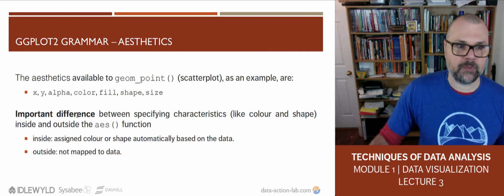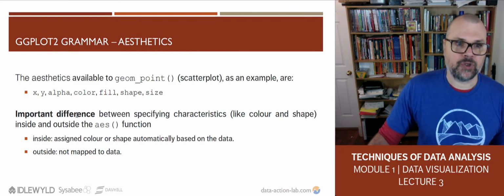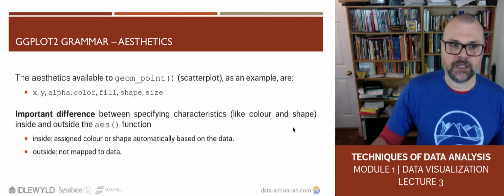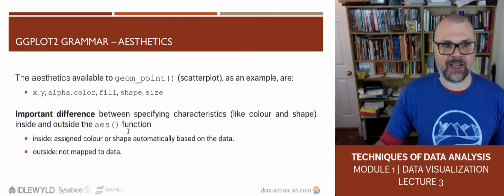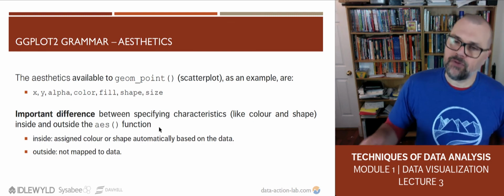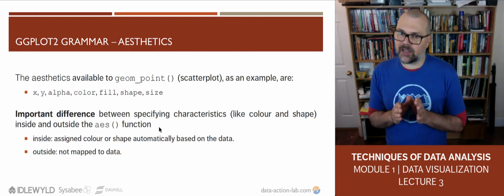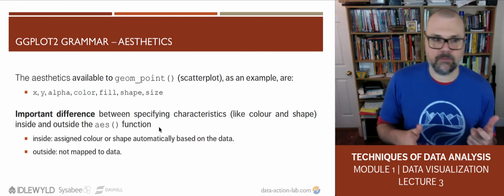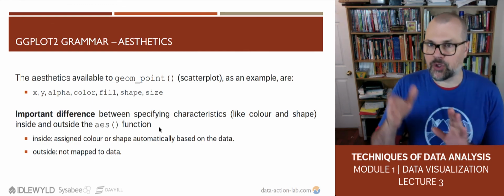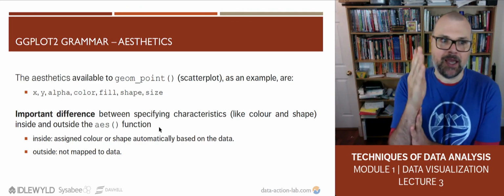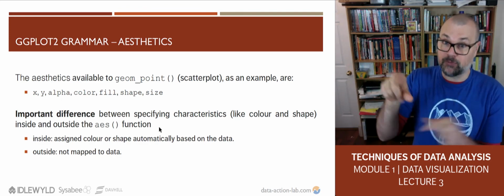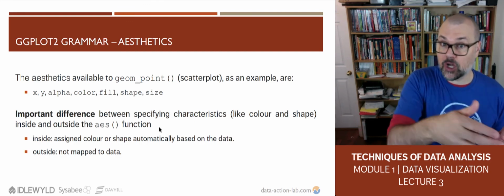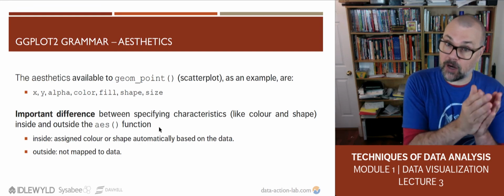Now, there's a pretty important difference here. If you're trying to specify characteristics like color and shape, and you do so inside or outside the aesthetic function. If you do it within the aesthetic function, you basically have to map the color and the shape or the fill or whatever to a specific variable name, and then the value of that variable for that specific observation will decide which color, which shape, whatever is assigned to the marker.